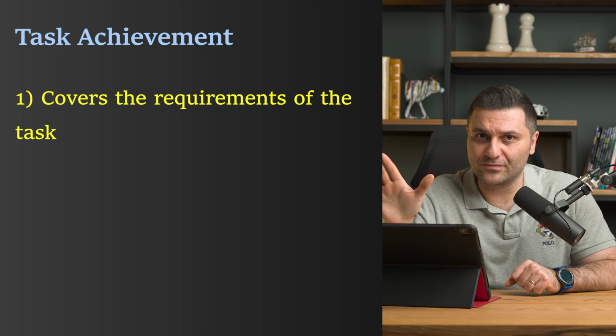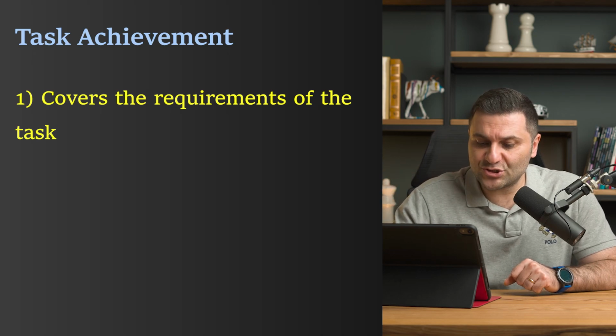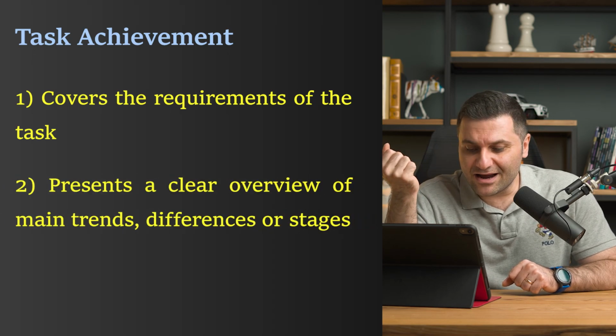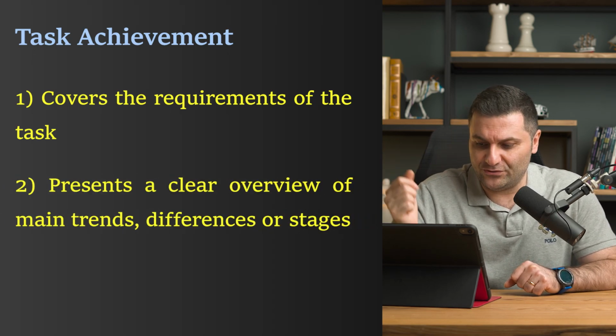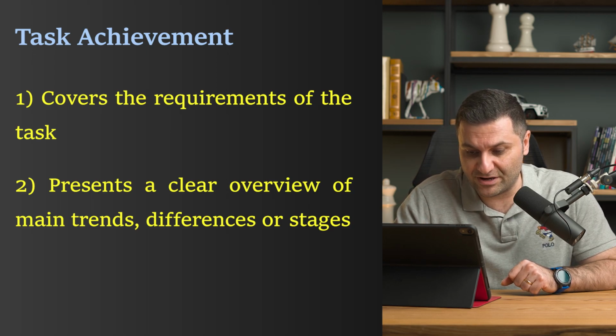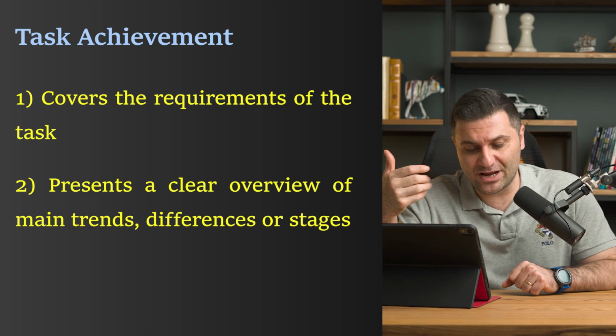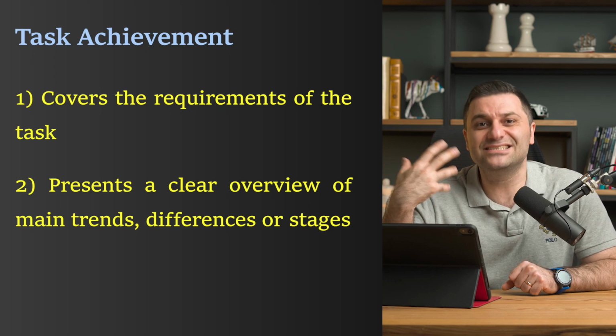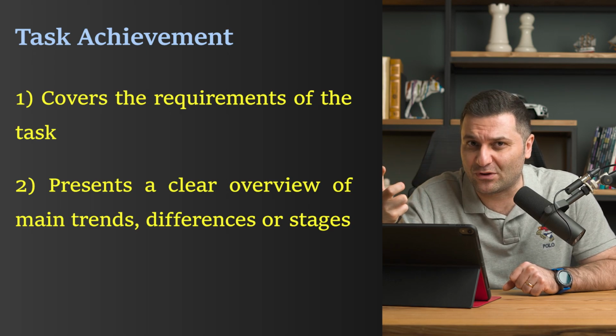Nothing extra, all right? And in task achievement, you should also present a clear overview of the main trends. All right. So this is very important. It makes your report easy to understand and easy to follow.